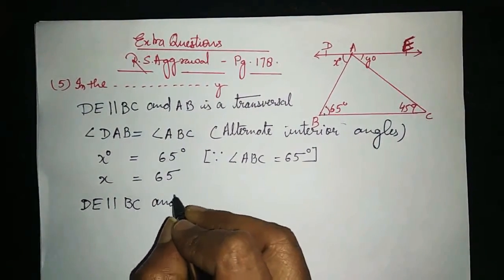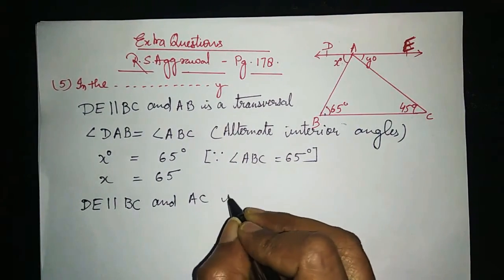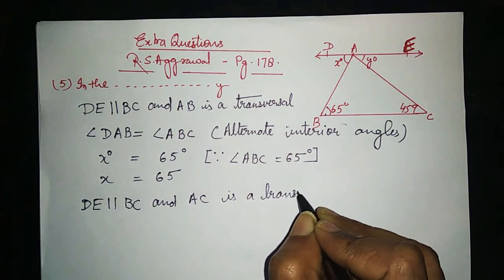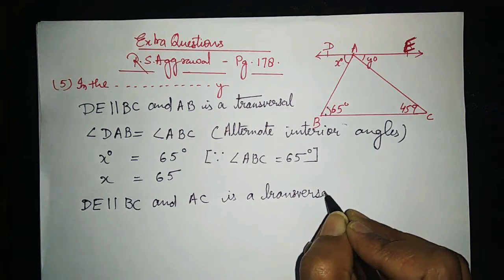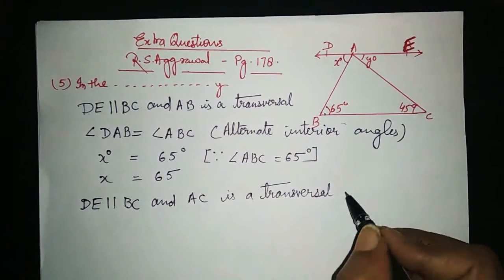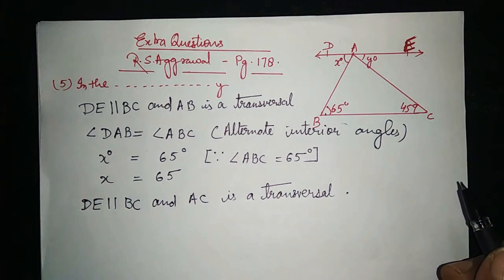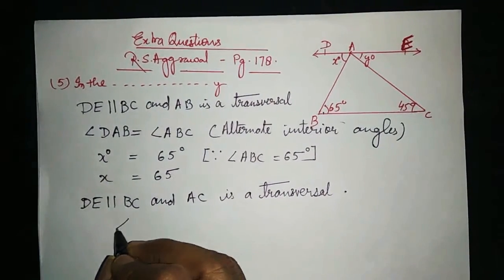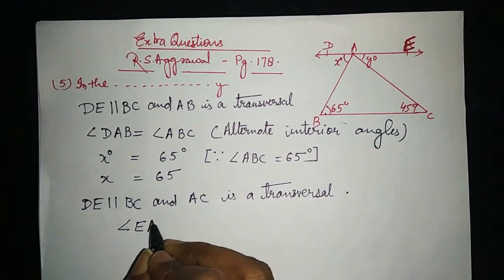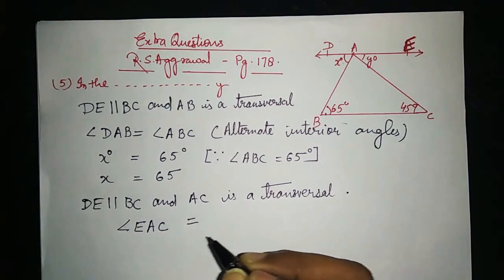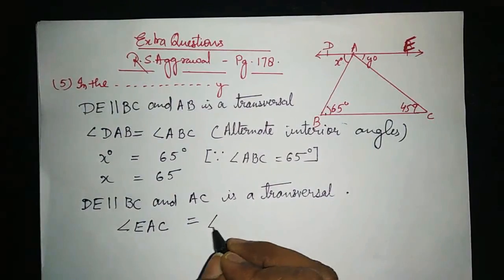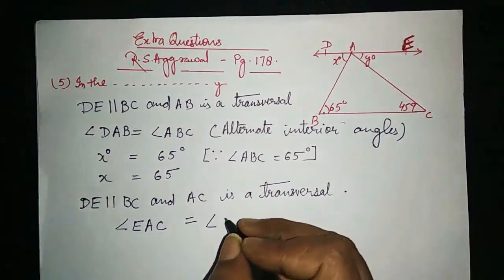So here we will write, DE is parallel to BC and AC is a transversal. Okay. And here angle EAC is equal to angle ACB.